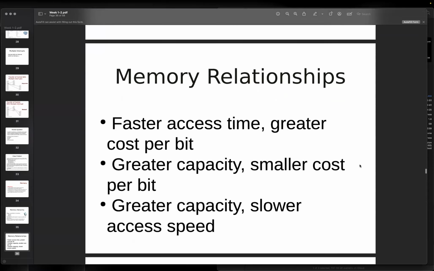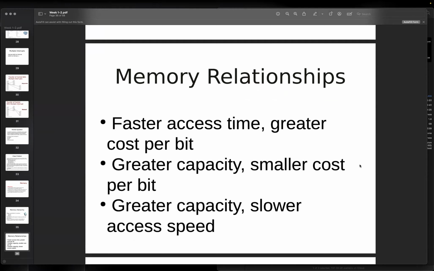Faster access time means greater cost per bit. If you look at memory prices, sometimes they fluctuate up and down depending on the market. You also need to know that greater capacity means smaller cost per bit, which manufacturers try to produce.